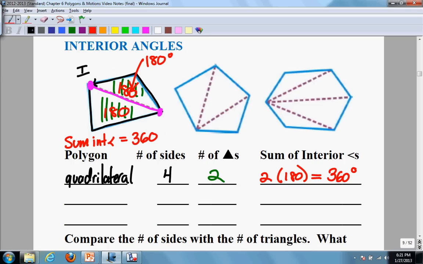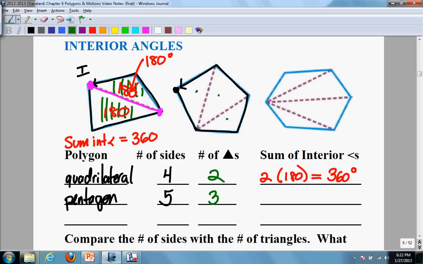Let's try another one. Trace with me the second one. Starting from here, let's trace. 1, 2, 3, 4, 5. So a 5-sided shape is a pentagon. Number of sides, of course, is 5. Now look at your triangles there. We have 1, 2, 3 triangles.